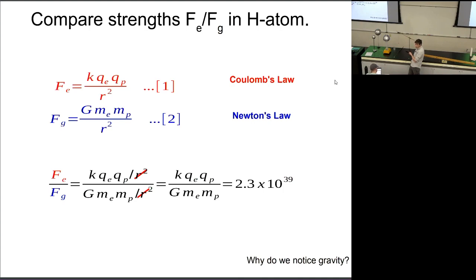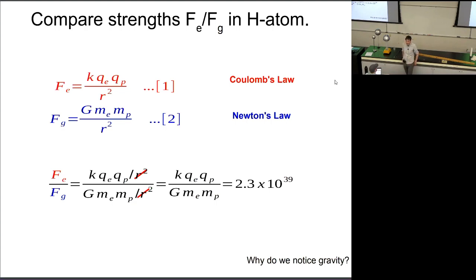Also, the Coulomb constant was a big positive power of 10. The gravitational constant was a large negative power of 10. So K is big and G is small. All those factors conspire to make this ratio an enormously large number. It's actually about 10 to the 40.